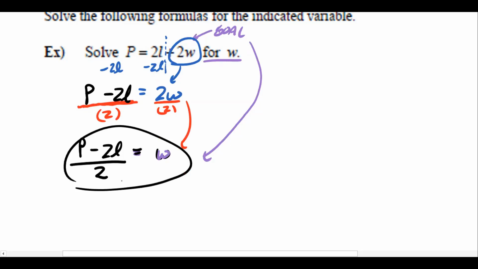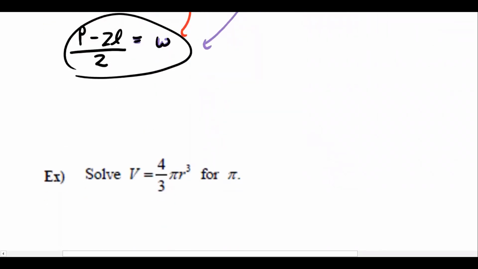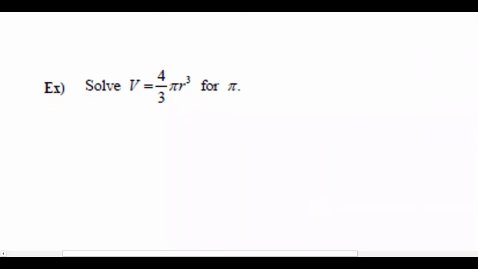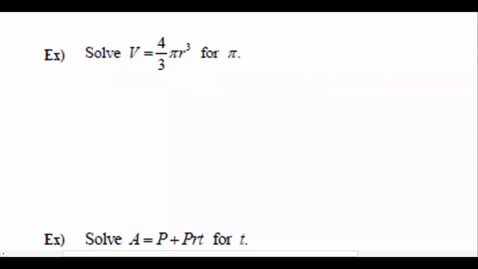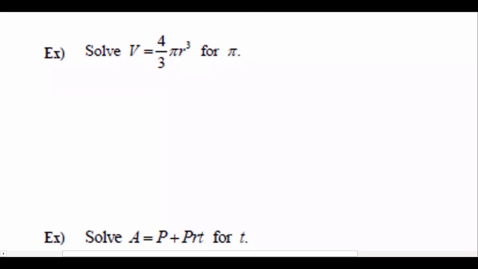Okay, so again, we're focusing on composition. We need to recognize the composition so we know what it takes to get rid of it or to accomplish our goal. So in this case, our goal is to solve for pi. So again, eventually, I want this to equal pi.